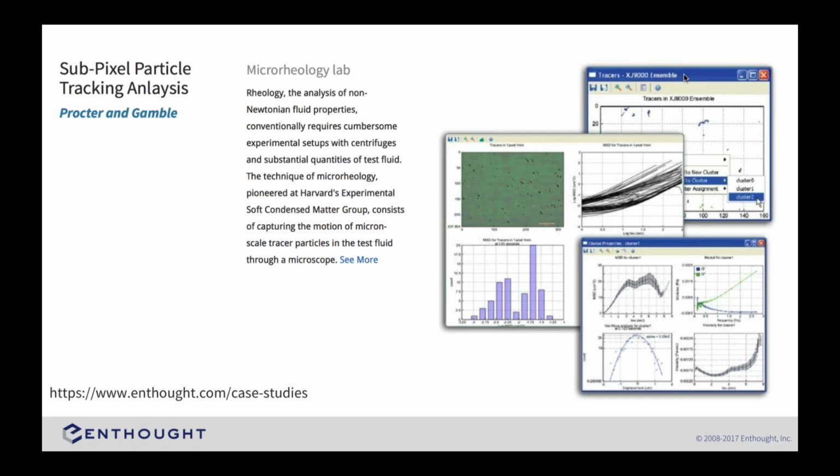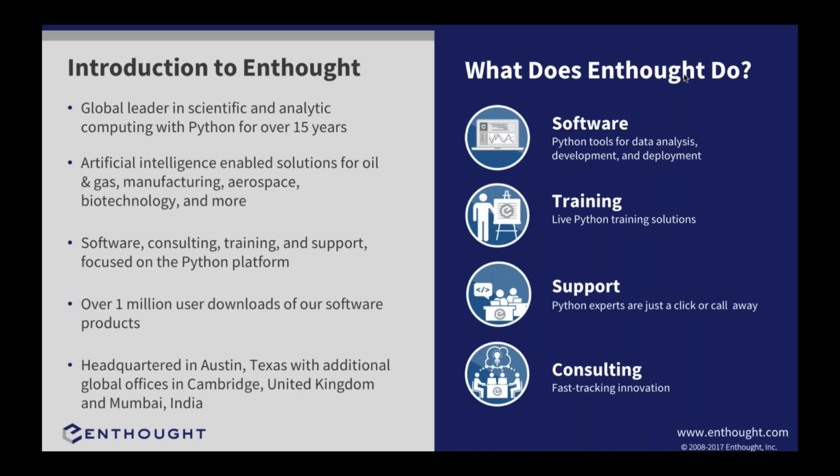And we've been doing that for over 15 years. In the recent past, we've been focusing mainly on artificial intelligence for oil and gas, manufacturing, aerospace, and biotech. In addition to consulting, we also develop software, which I'll talk about in a second. We do training and provide support.